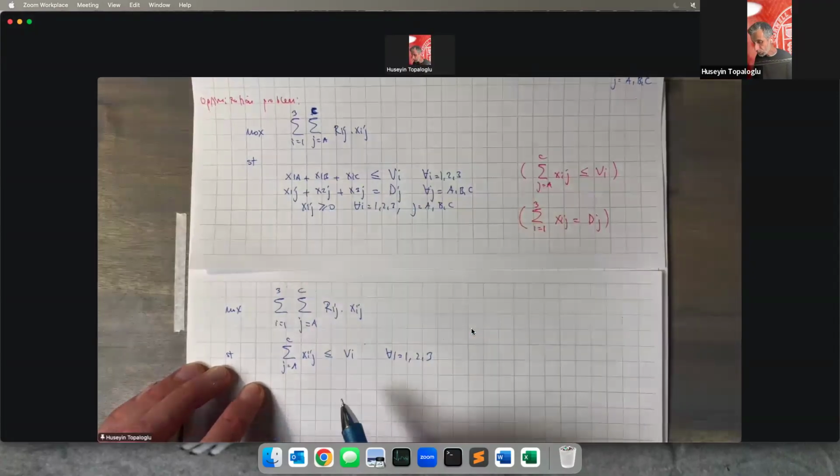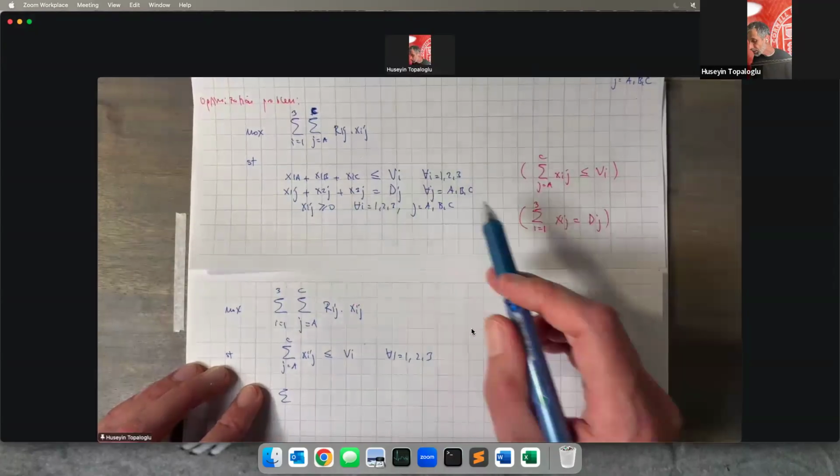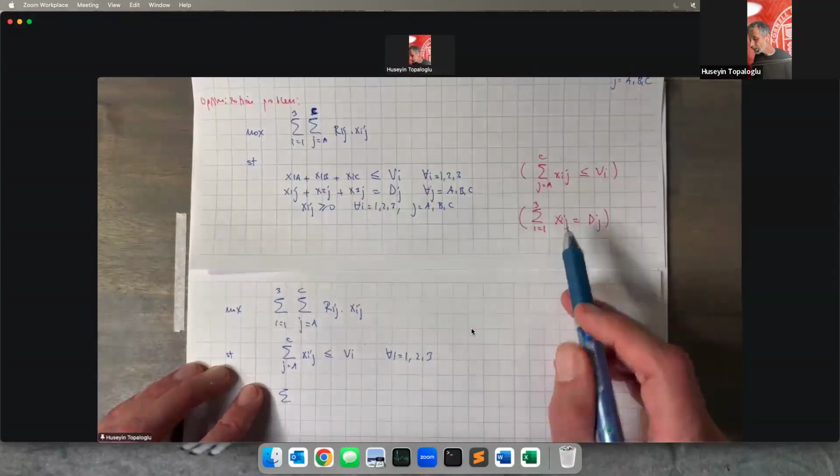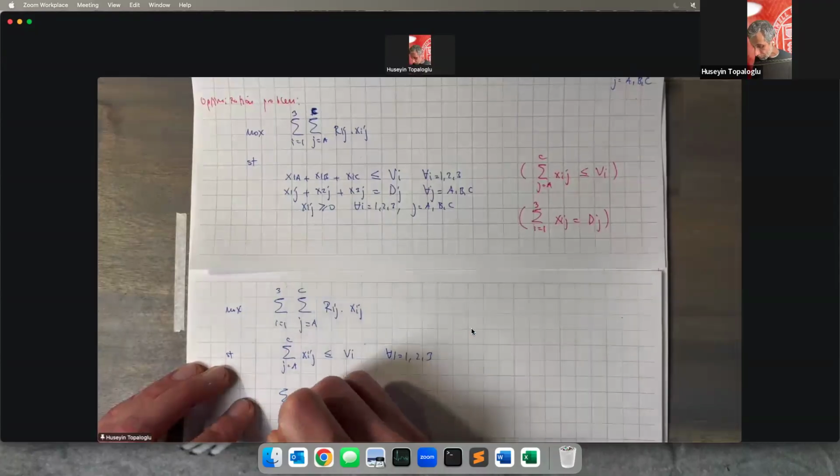So it's taking care of our first constraint. And for the second constraint, we write a constraint for every advertiser J: the total number of viewers that advertiser J is getting over every visitor type should be equal to the desired number of viewers.